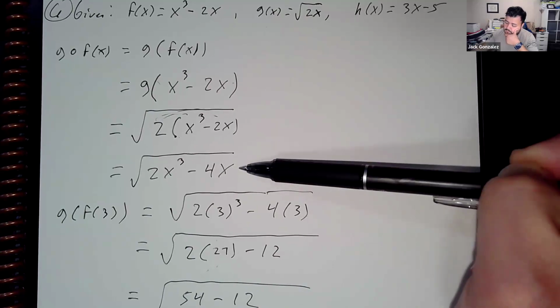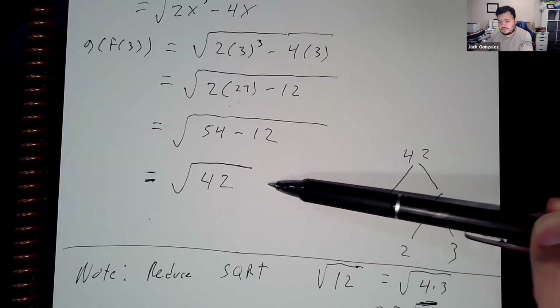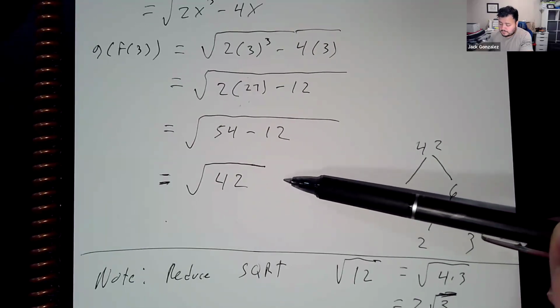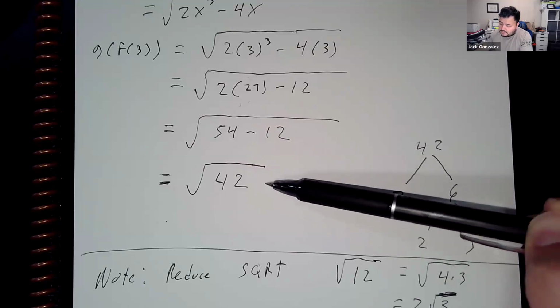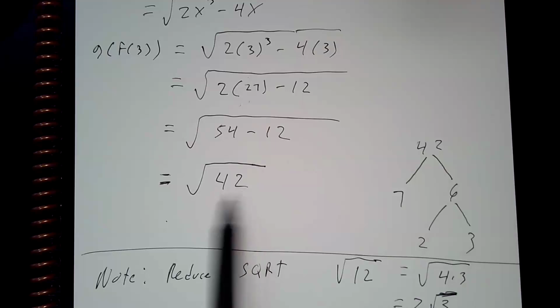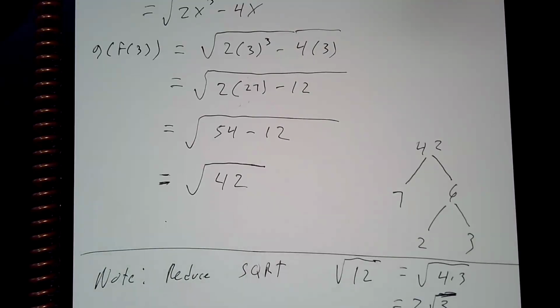Once you have it, plug in 3, do your algebra. Once you get to the end, check if you need to simplify or reduce. Since it's a square root, you should always check if the number inside has any squared factors. And this one did not, so we're done. Okay.